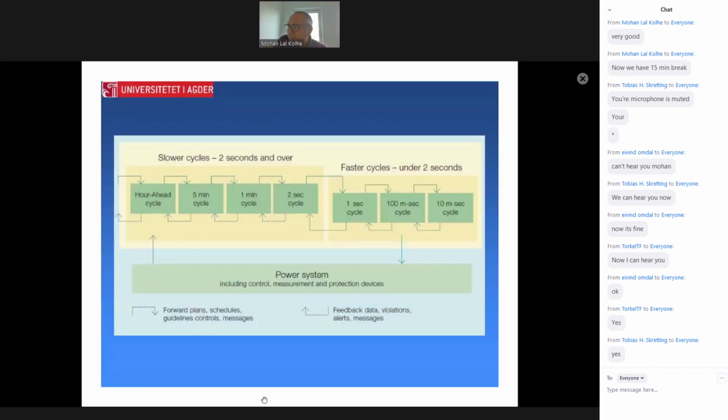Now let me see if Konara is there or not. Hello Konara, are you there? Yes, hello, Professor. So Konara, shall I stop here and give you the control now? Then you can make them ready for tomorrow's workshop. So students, I'm giving the control to Konara.